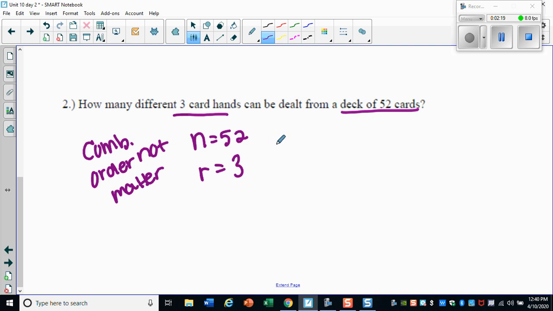Okay, and so I'm using combinations. So in combinations, you cannot use the fundamental counting principle or draw your little space positions. Okay, so you're going to do 52 choose 3, and that is going to give you 22,100, which is why you can see that it's hard to win when you're playing all these casino games, because there are so many different possibilities.